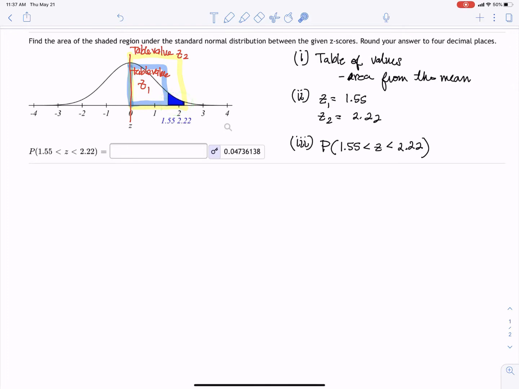So again, all we're going to be doing is taking the bigger area from the mean and subtracting the smaller area from the mean to get what's in between.